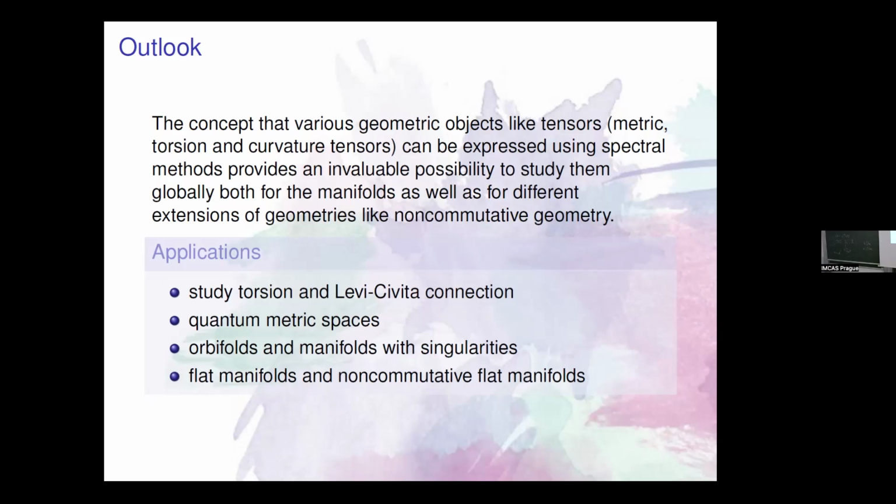There are some questions about how it relates to quantum metric spaces, so the question of distances on the space of functionals, on the space of states. This is the question on compact quantum metric spaces in the sense of Rieffel and Latrémolière. Now, classically, something which is open is how it goes for manifolds and orbifolds, and also non-commutative orbifolds.